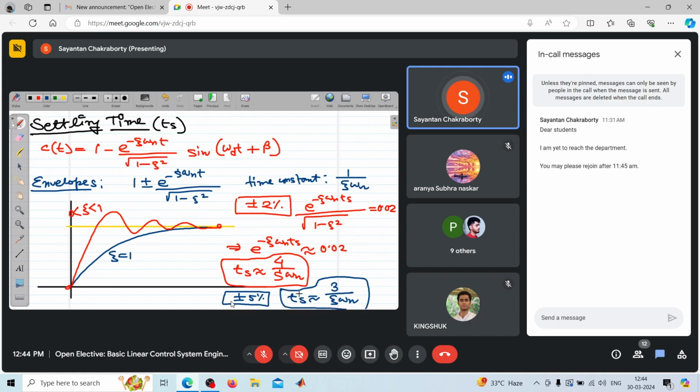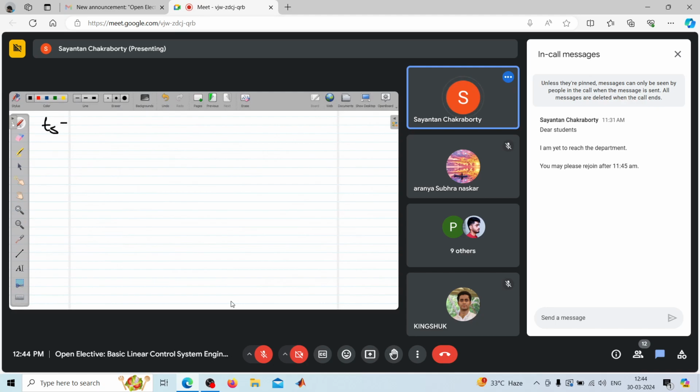It is a bit less than this because it reaches the 5% band earlier than the 2% band. Right? Now, what inference you can draw from here is that Ts is 3 by zeta omega. So it is inversely proportional to zeta omega.